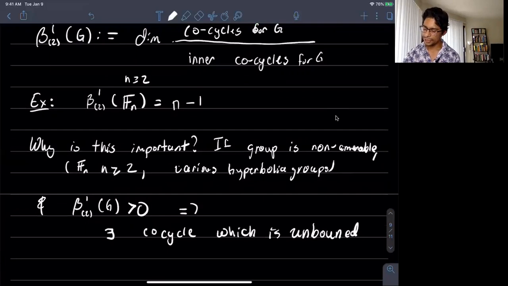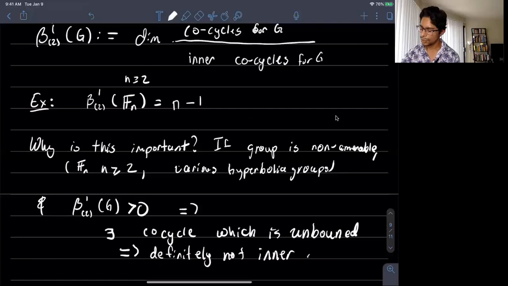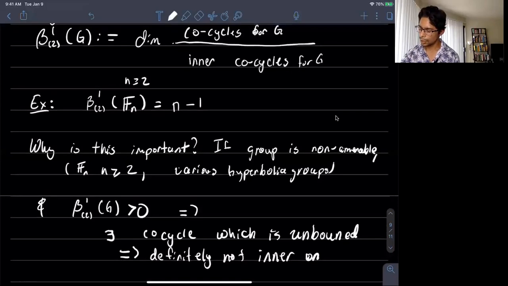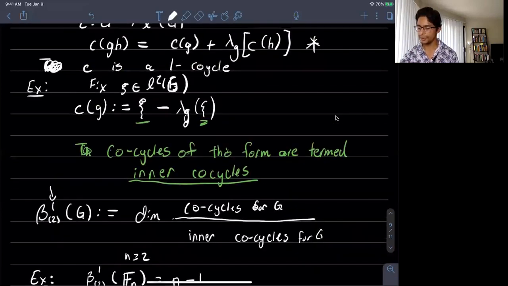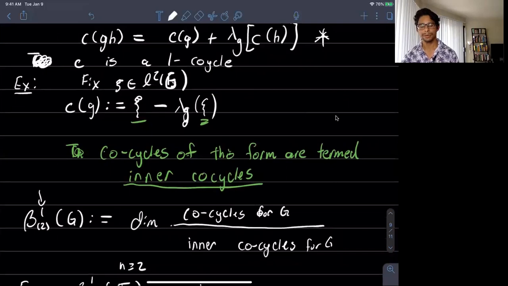And in particular, it is definitely not inner on this group. It's not implemented by a single vector using the formula described above, right? So there's some non-triviality going on when you're dealing with a group of this type with positive L2 Betti number.